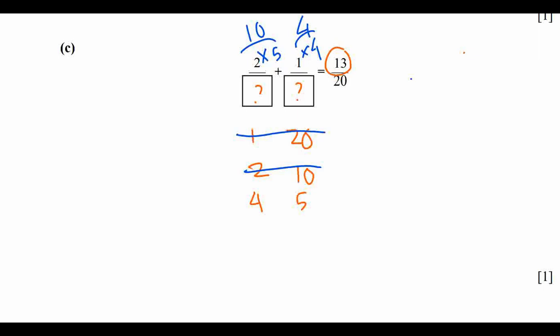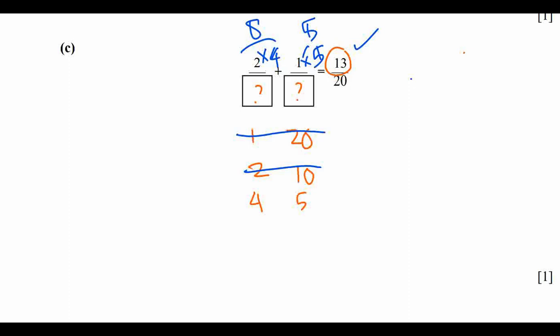So we have to reverse. Let's try to reverse 4 and 5. 2 times 4 is 8, 1 times 5 is 5. 8 plus 5 is 13.